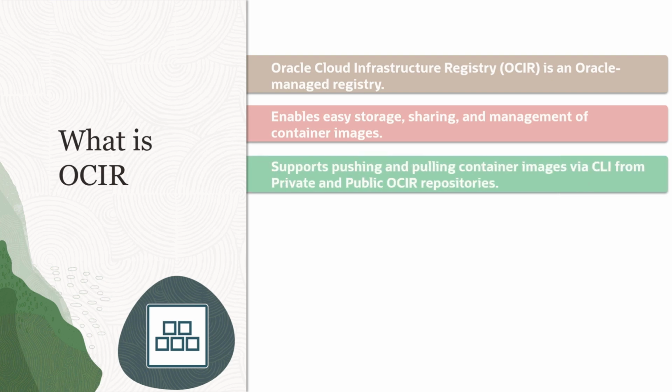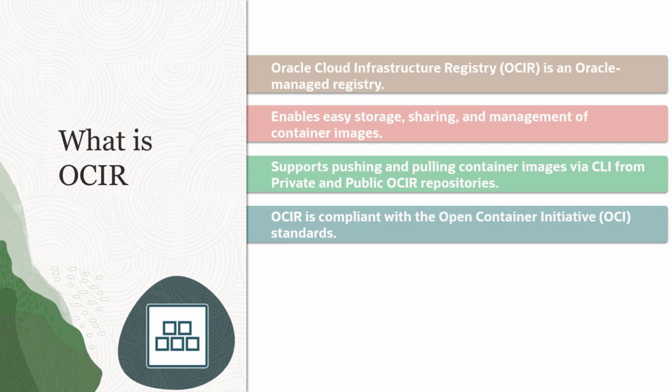The strength of OCIR lies in its highly available and scalable architecture. Leveraging OCI to ensure reliable deployment of applications, developers can use OCIR not only as a private registry but also as a public registry, facilitating the pulling of images from public repositories for users with internet access.